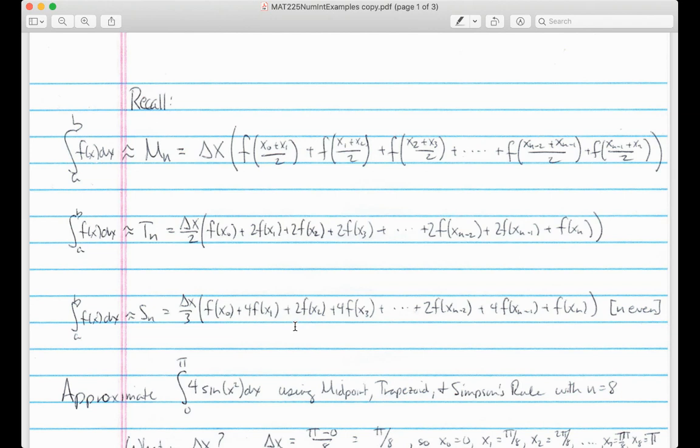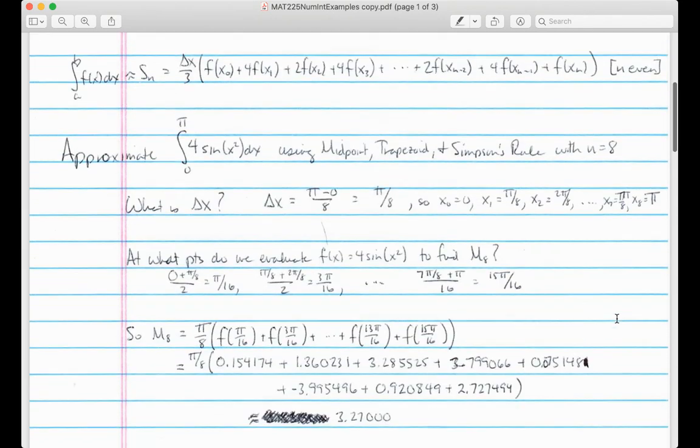So you've got this alternating 4, 2, 4, 2, 4, 2, 4 sequence in the middle. You can see I've got the ellipses here to indicate that I'm leaving some things out, but the pattern continues. And just a reminder, it's important for Simpson's rule that we have an even number of subintervals for that to work. Generally speaking, we'll just use an even number all the time for all of our approximations.